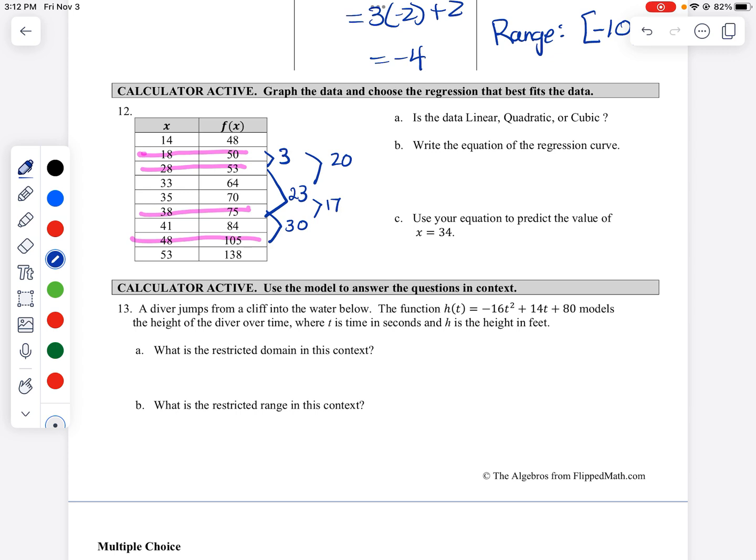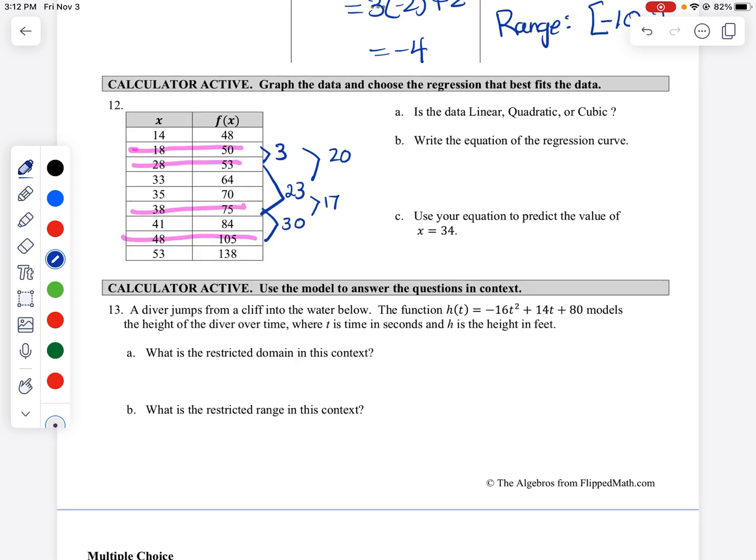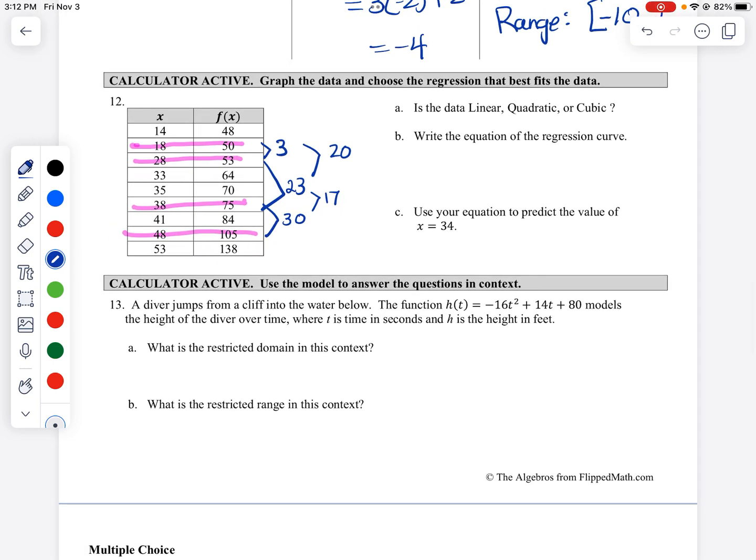We don't have enough to check cubic on this table. So if you graph this and make your scatter plot, you could see what it looked like. I don't have a calculator on here, so I'm not going to graph it. Again, if you're unsure how to graph, make sure you take a look at the calculator help on Schoology there.